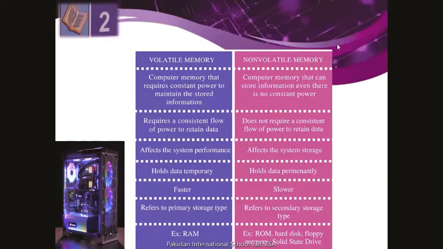Volatile memory is faster memory, but non-volatile memory is slower memory. Volatile memory refers to primary storage type and the example is RAM. Non-volatile refers to secondary storage devices and examples are ROM, hard disk, floppy memory and solid state drive.